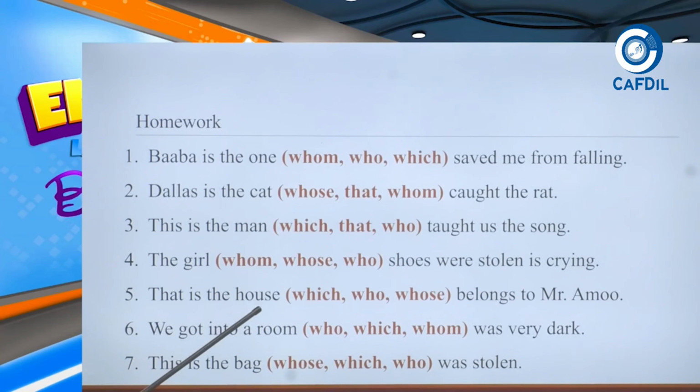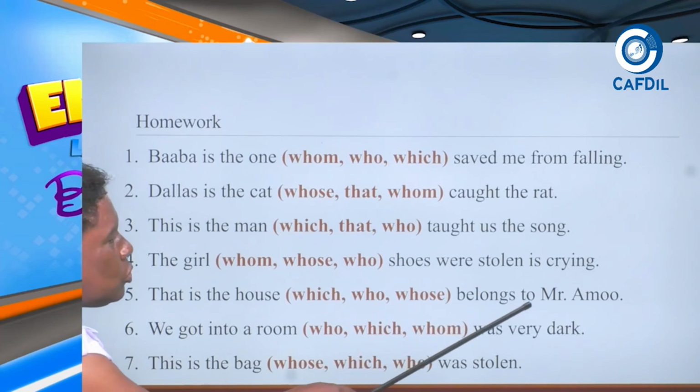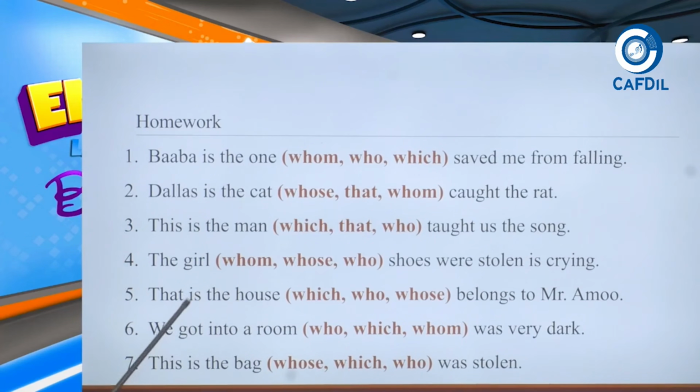That is the house. In the bracket, we have which, who, whose, belongs to Mr. Amu. You look through carefully and select the correct relative pronoun to complete the sentence.